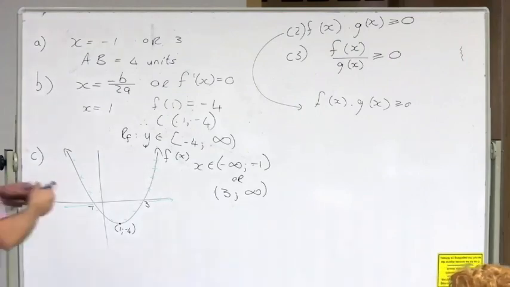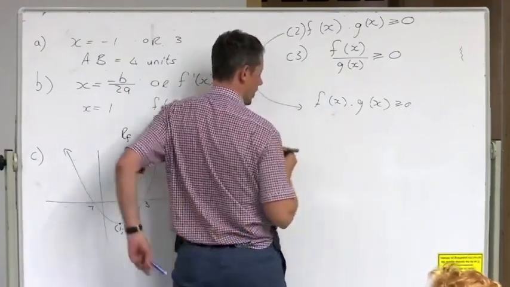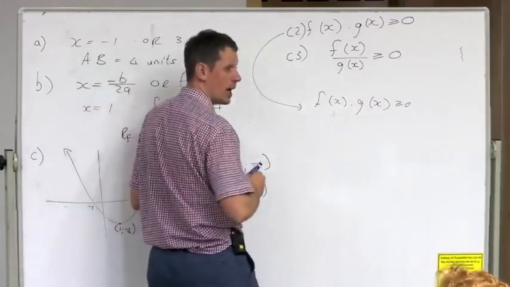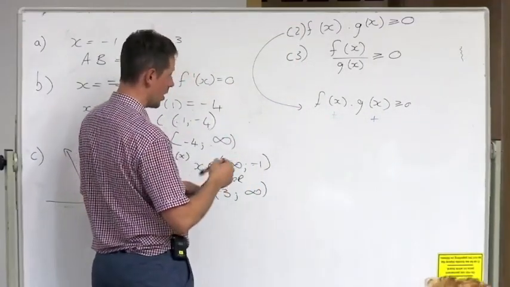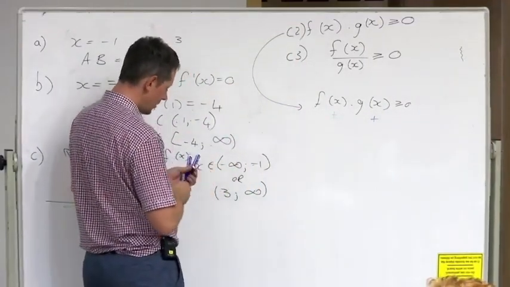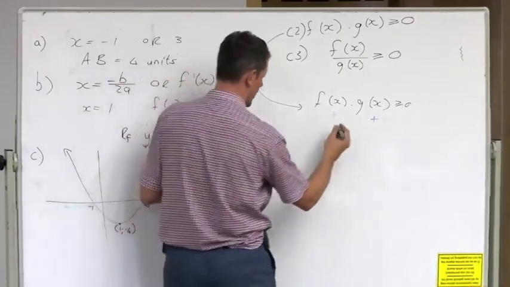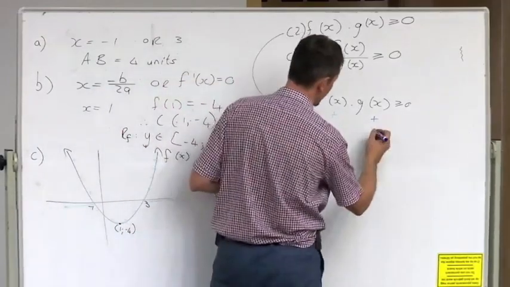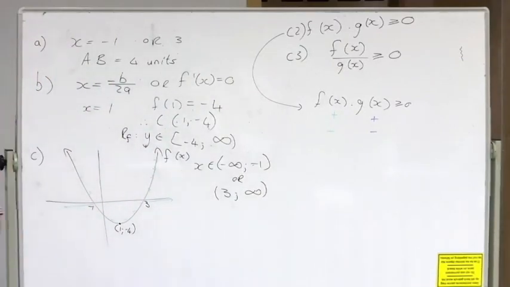In other words, I'm asking you, where is f of x positive and g of x is positive at the same time? Or where is f of x negative and g of x negative at the same time? Because those are my two options, right?